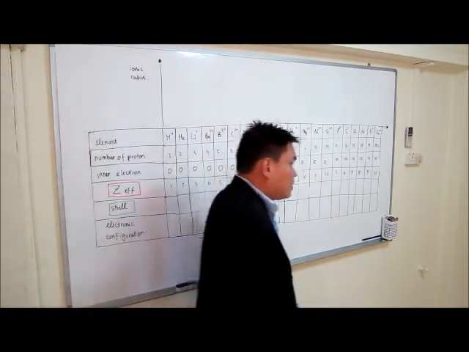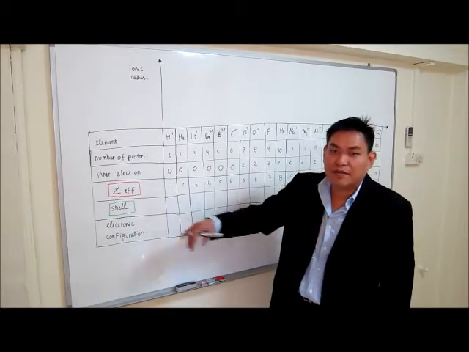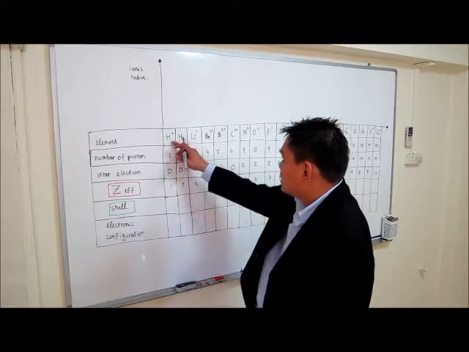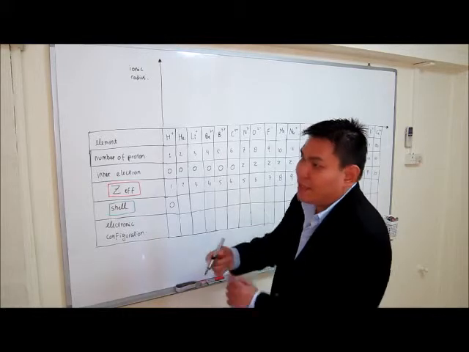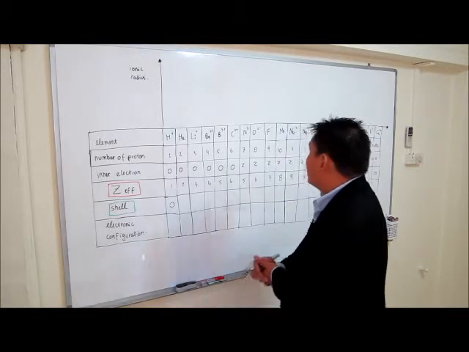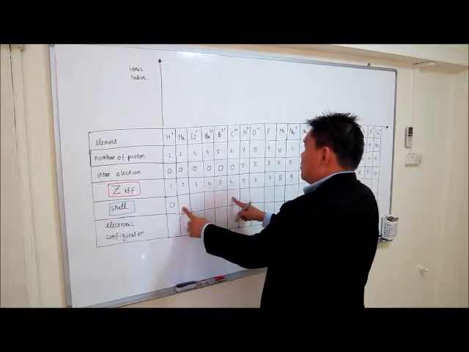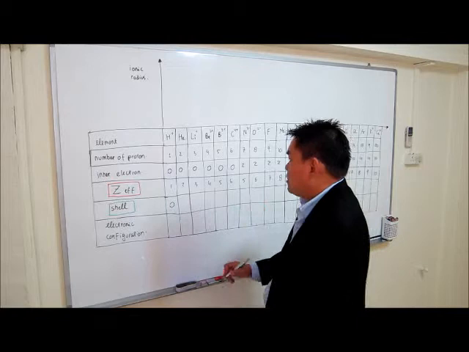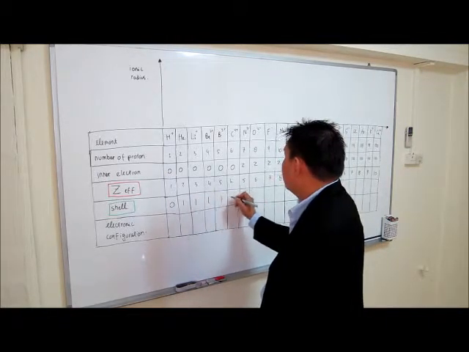The fourth row is the number of shells, which is easy for us to do also. Hydrogen doesn't have any shell because the 1 electron is taken out. From helium to carbon 4 plus, they will have 2 electrons each on the first shell.